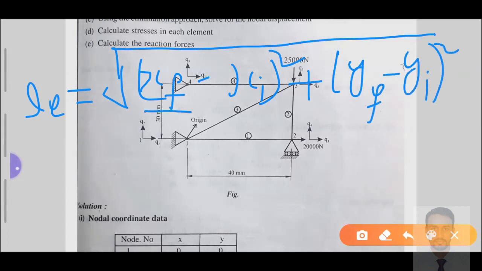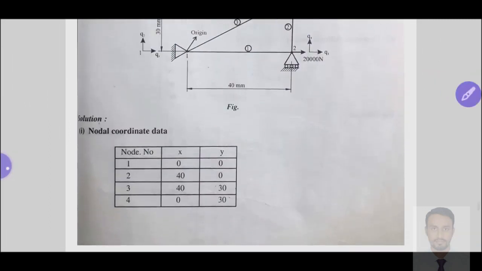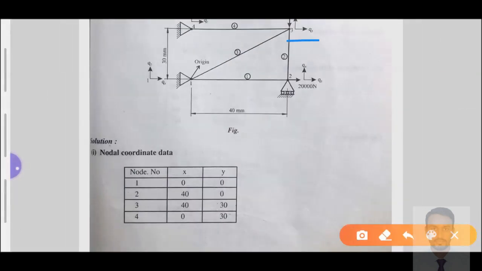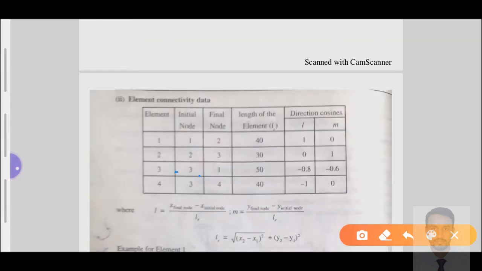So we need to get the final and initial values. The element starts from node number 3 and ends at node number 1, so we need to take the elemental data from here.